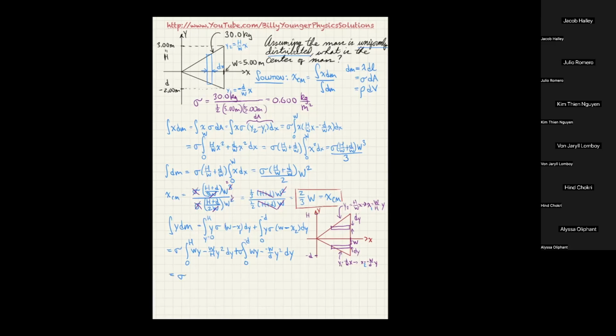All right, so things getting real now. I'm going to have my sigma still out here. The integral of wy is w over 2 y squared, so that's w over 2 h squared. So I'm going to say w h squared over 2 minus, now this one's going to integrate to w over 3h times h cubed.